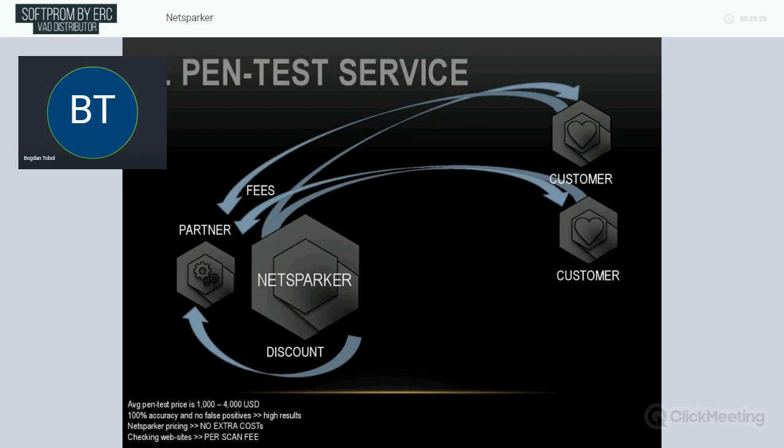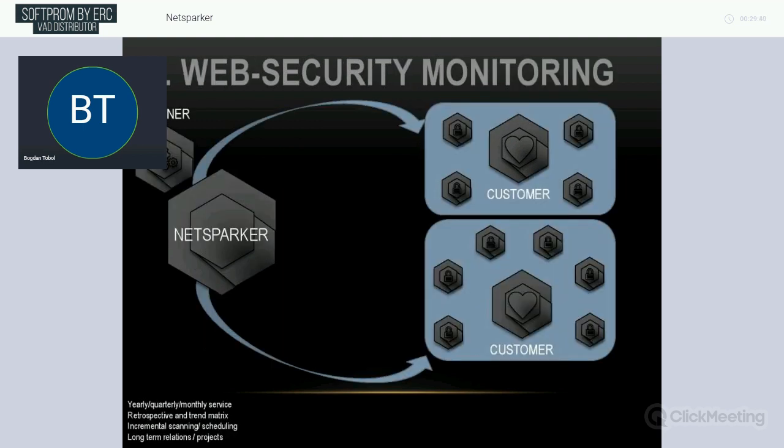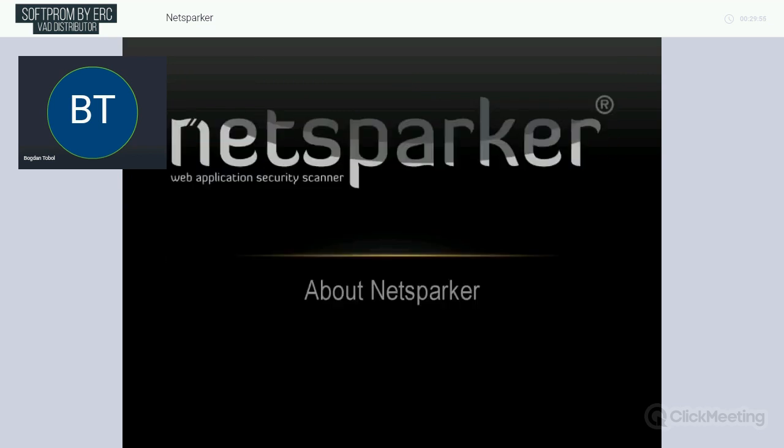The second approach is pen testing services, when the partner of Netsparker provides services to customers like a pen tester does, but much faster, effectively like using a wide team of pen testers. The third is web security monitoring, when Netsparker is used by partners in the security operations center for many customers, regularly updating them with the results collected and measured with the Netsparker product.